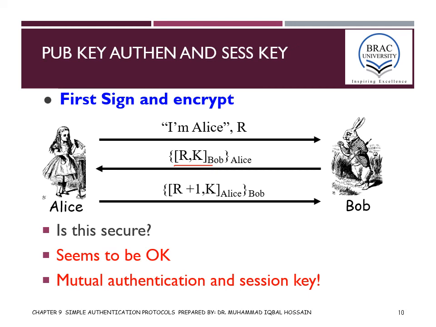Because this key is signed by Bob's private key, whenever Alice decrypts it using Bob's public key, she will get the value of K. And Alice is again sending K, so Bob can authenticate Alice. So this seems okay, right?